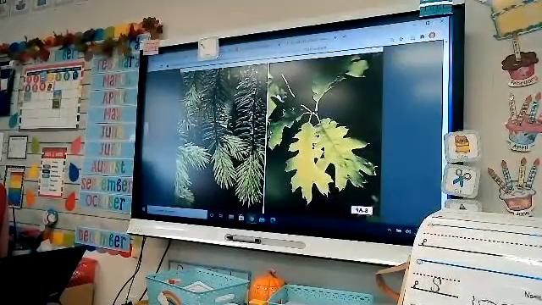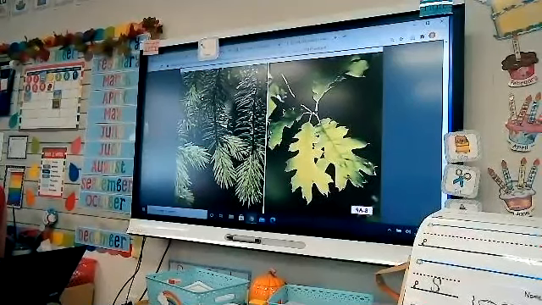So what do the needles do? Do you know what the needles do on the evergreen tree? Dylan. They get food. Right, they make the food for the tree, called photosynthesis, right? Good.